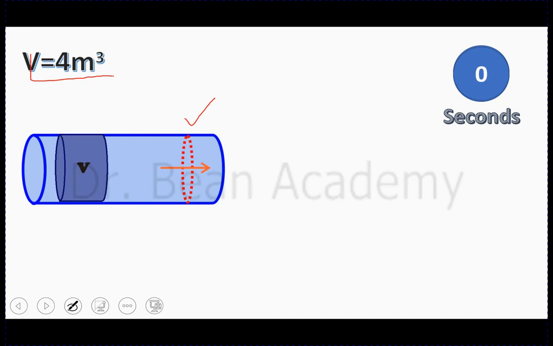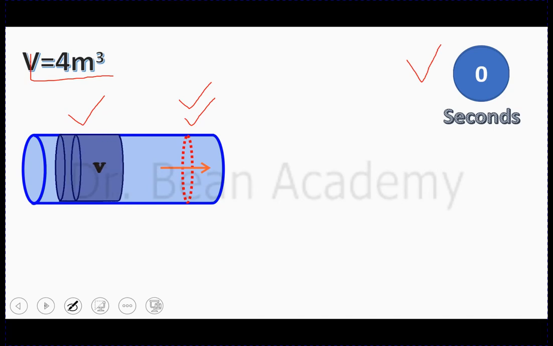We want to know how much volume of water passes through this unit area. Let's do an experiment. Here we have the timer, and I want to know what the volume flow rate is. So let's do the analysis.